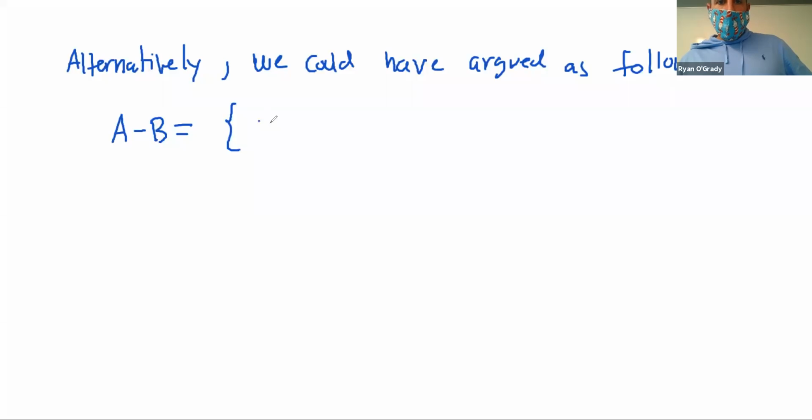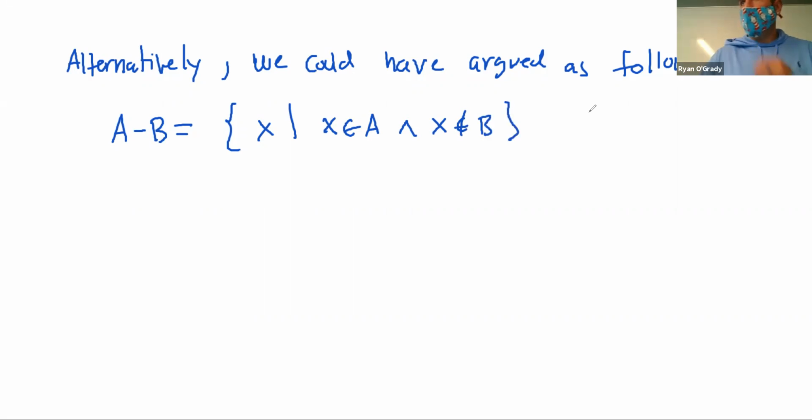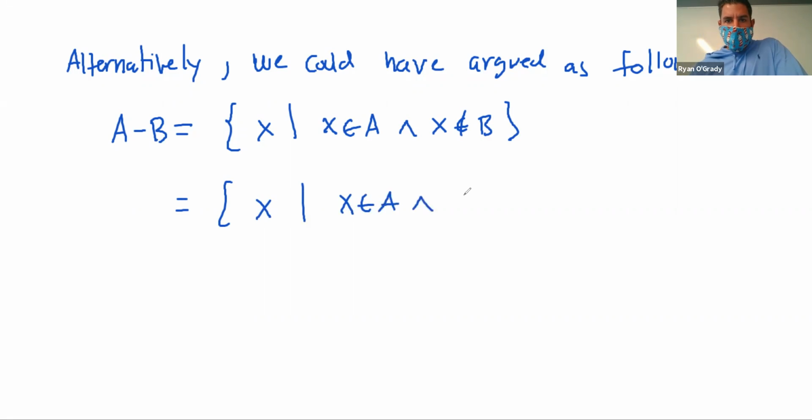Well, what's the set of all x such that x is in A and x is not in B? Okay, so what's another way of writing that? Another way of writing that is that x is in A and x is in B complement.